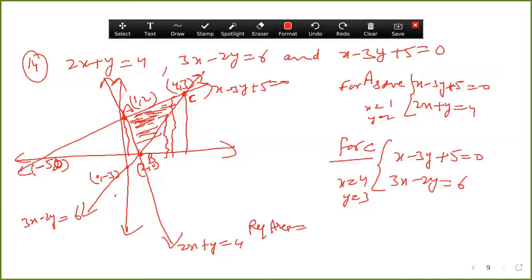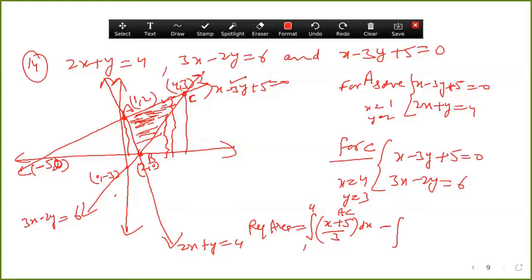How to write? The extra part is subtracted. Just write down, the required area will be equal to the integral from 1 to 4 of y dx, get y from here, that is x plus 5 upon 3. This is the area under the first line, that is the AC line, minus, now you have to subtract.